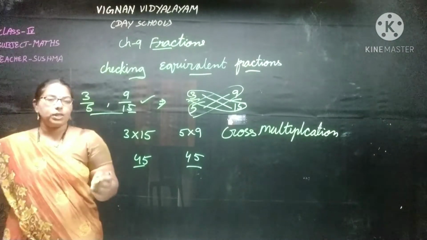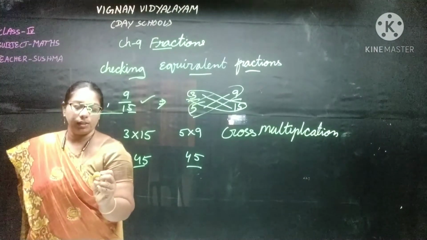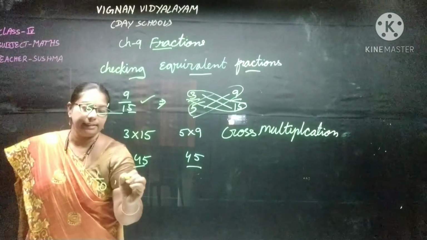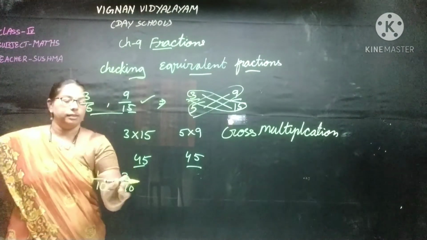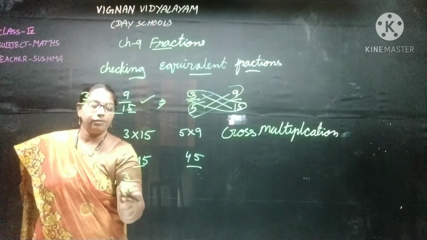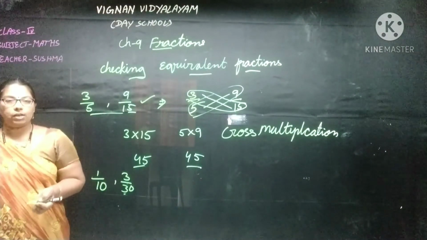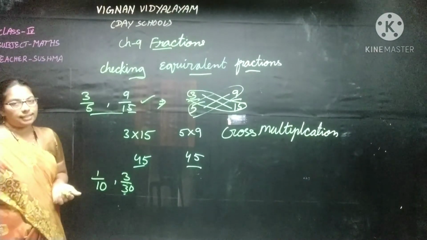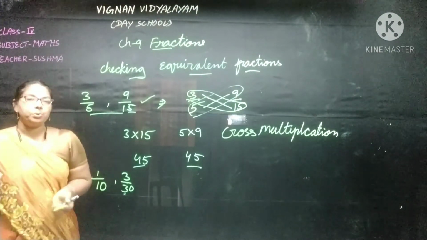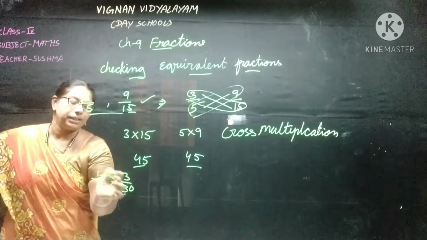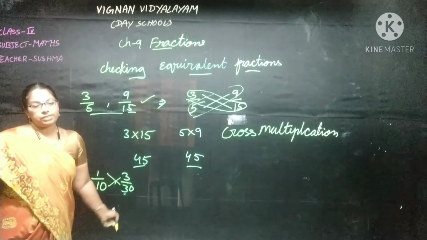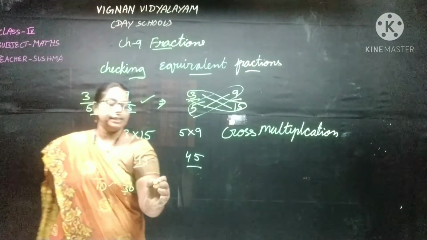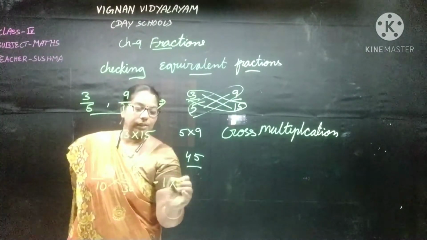Let us take one more example, children. Let us take 1 by 10 and 3 by 30. Let us check whether these two are equivalent or not. To check, what we have to do? We have to do cross multiplication. Means the numerator of the first fraction should be multiplied with the denominator of the second fraction. What is that? 1 into 30.